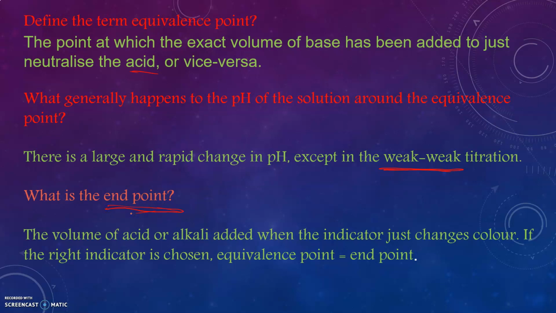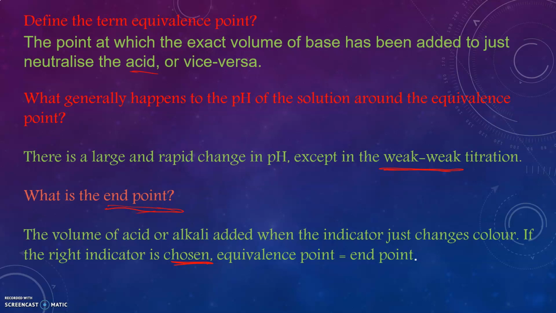So at the end point, you have the substance, whether it's acid or base, and you're adding the other substance using an indicator. So the end point is the point at which the acid or base change their color, of course, with the indicator. So if the right indicator is chosen, this means that not any indicator can be used in titration reactions, because we have seen that there are 4 types of titration reactions.